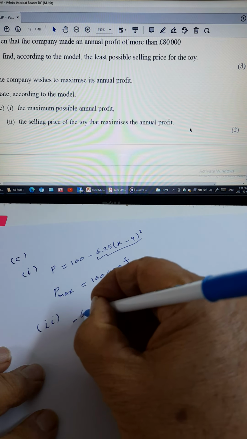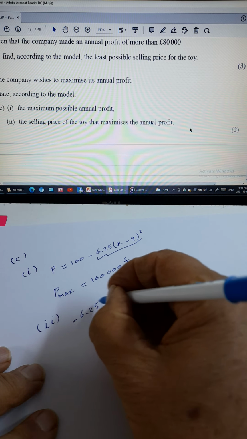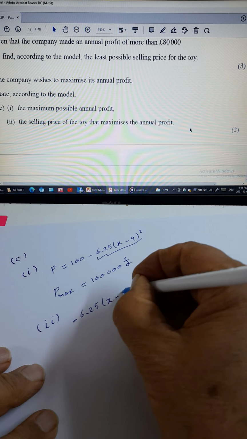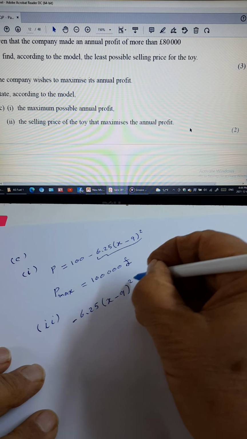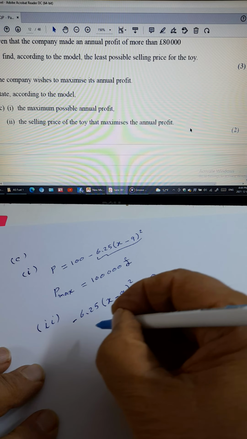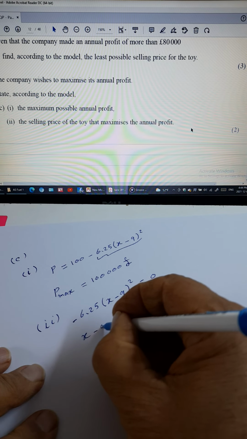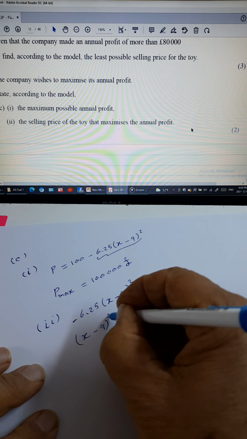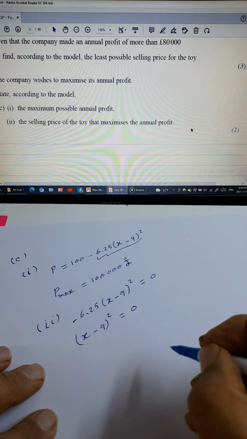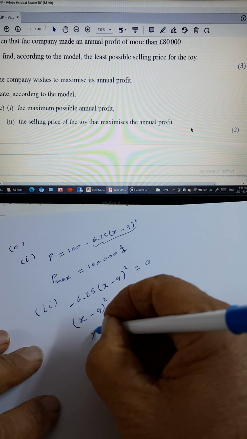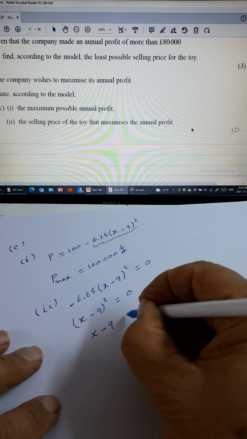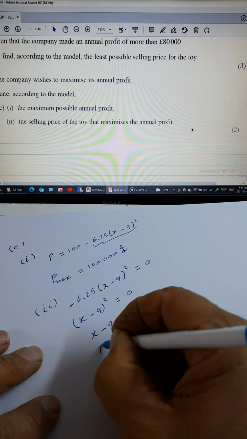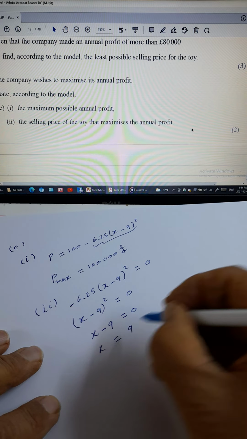So minus 6.25 into x minus 9 squared equals 0. So x minus 9 squared equals 0. So x minus 9 equals 0. So x equals 9.